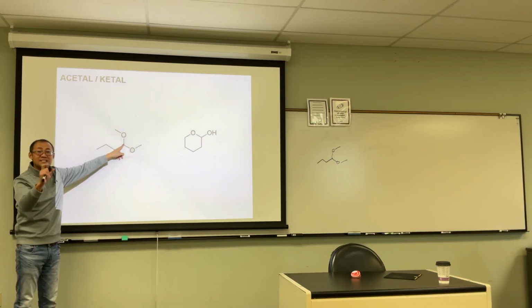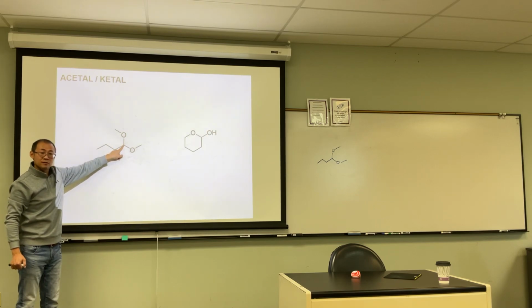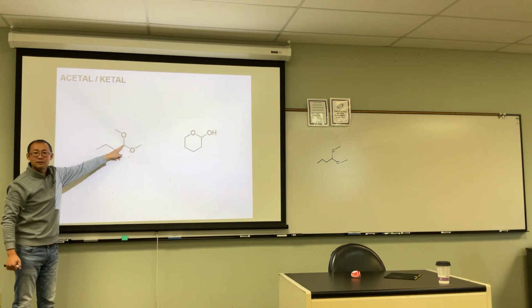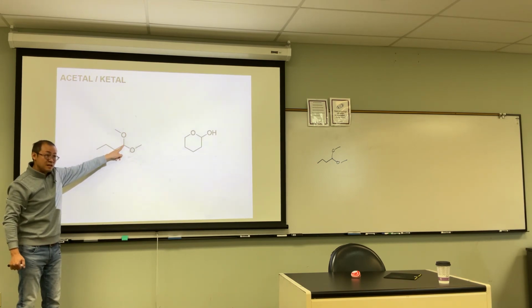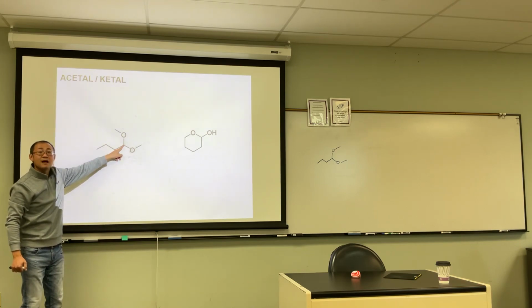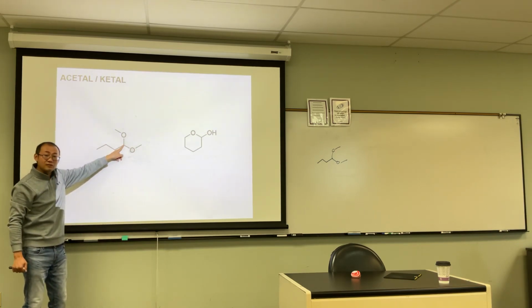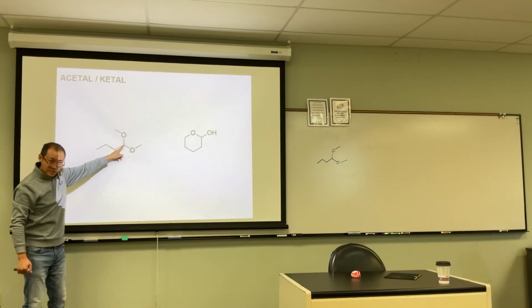First, whether it is an acetal or ketal, which one? Take a look at this carbon. Does it have a hydrogen on it? One, two, three. Yes, one hydrogen. Then this was from an aldehyde. If it is from an aldehyde, this is an acetal, right?